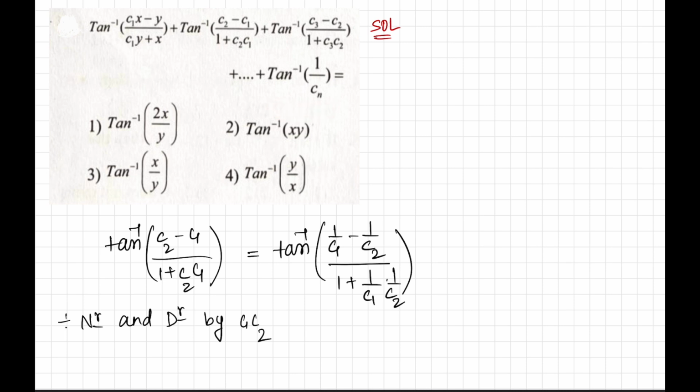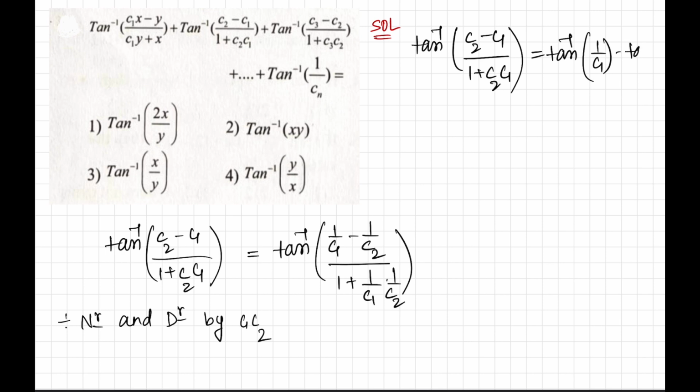So this can now be written as, so second term is tan inverse (C2 − C1)/(1 + C2C1). इसको हम लिख सकते हैं equal to tan inverse of 1 by C1 minus tan inverse of 1 by C2.